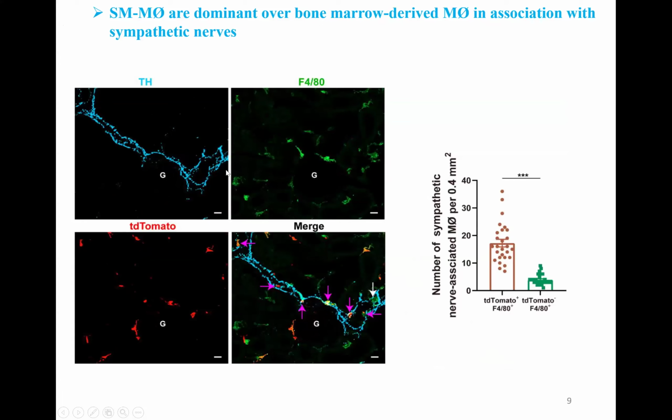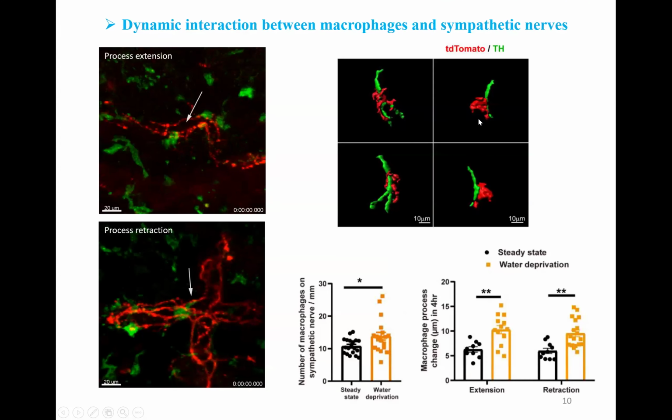When comparing the two populations of macrophages related to the sympathetic nerve, much more self-maintaining macrophages, which are double positive for F4/80 and tdTomato, were in association with the sympathetic nerves over the bone marrow macrophages, which were single positive for F4/80. 3D reconstruction showed that the self-maintaining macrophages were somewhat attached to the sympathetic nerves and sometimes wrapping around the nerve fibers.